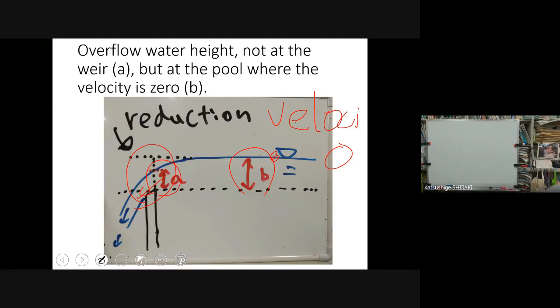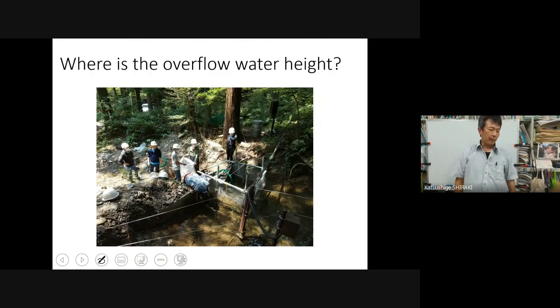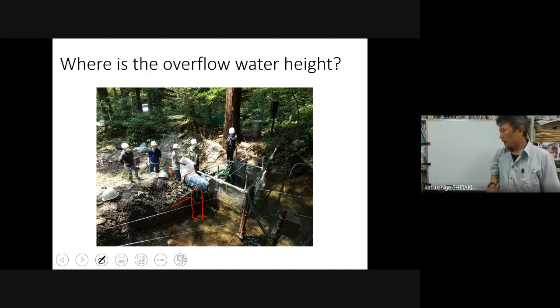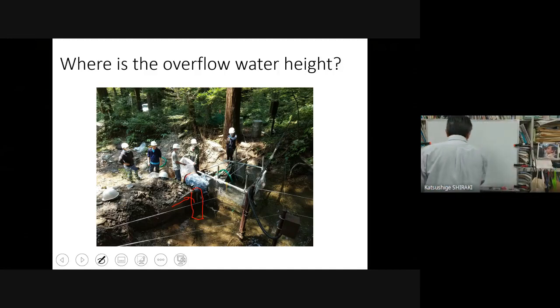So this picture shows a student reading the water gauge level here. Can you see that we set the water gauge level here? So a student has to read this. And at the V weir, the water is running here.